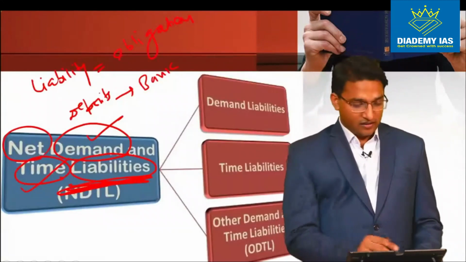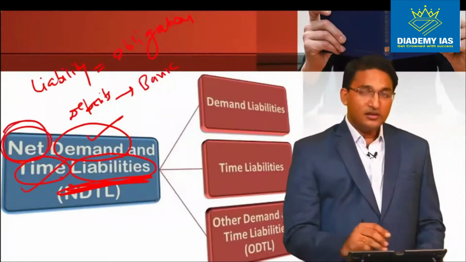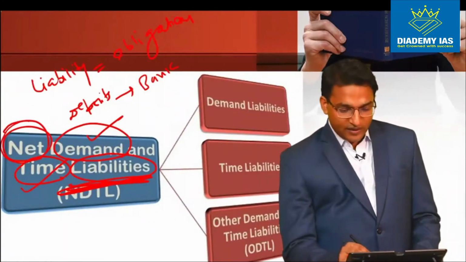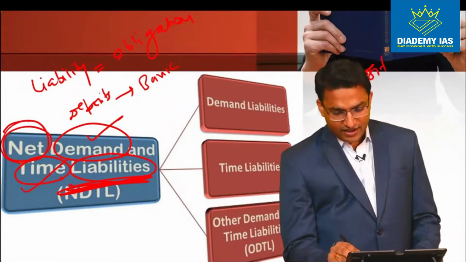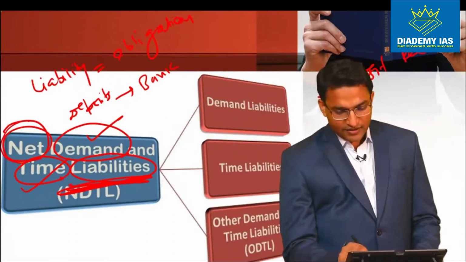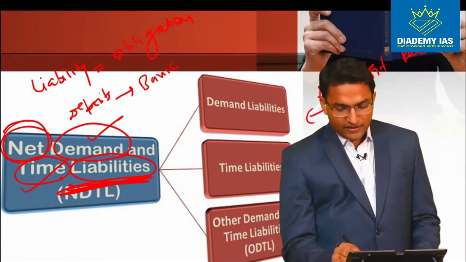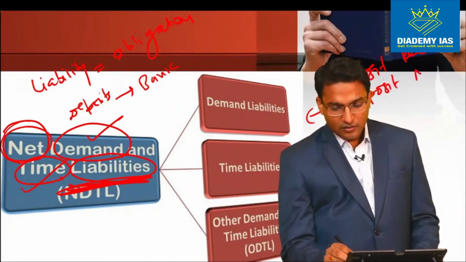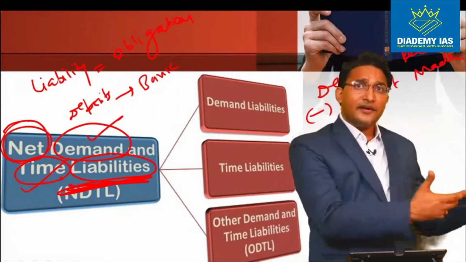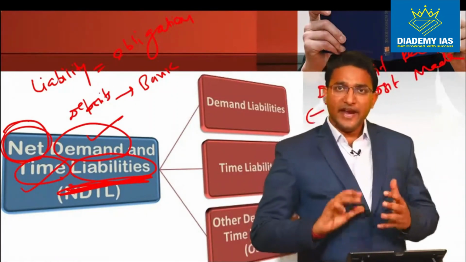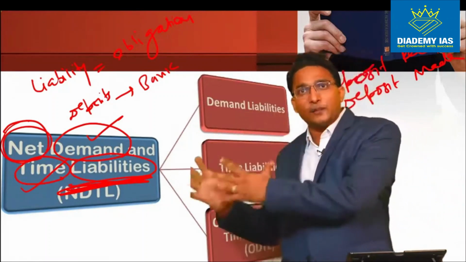Another term is net. Net means the deposit that the bank has received minus the deposit that it has made with the other bank. So it is receiving 100 crore rupees from the customer and it is depositing 10 crore with the other bank.